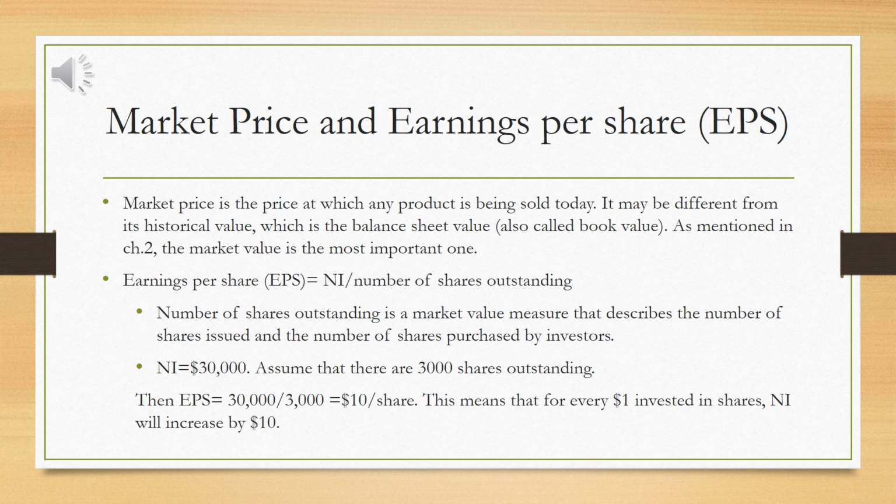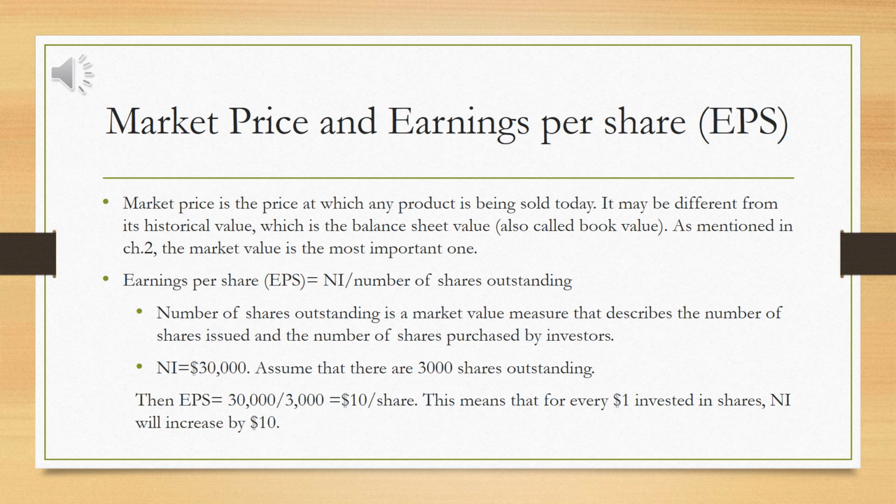Market price is the price at which any product is being sold today. It may be different from its historical value, which is the balance sheet value, also called book value. As mentioned in Chapter 2, the market value is the most important one.